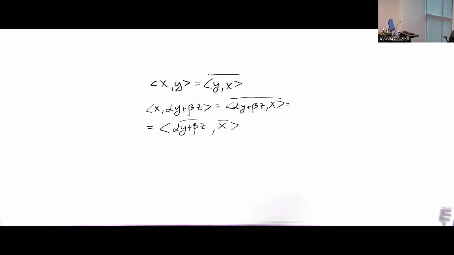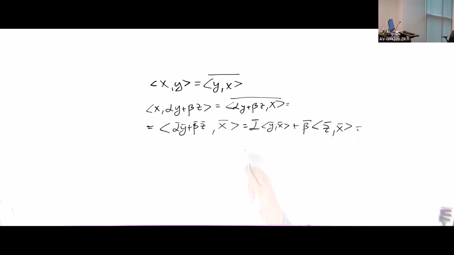It's complex numbers. Now for that we know that this is linear, which means that the conjugate of these multiplications you can separate into separate conjugates. Now you have linearity here, so it will be alpha conjugate times the conjugate of the inner product of y and x, plus beta conjugate times the conjugate of the inner product of z and x.